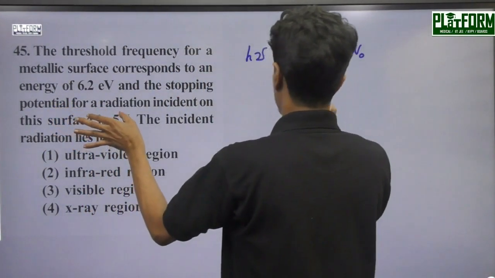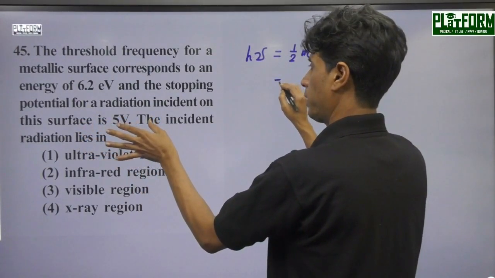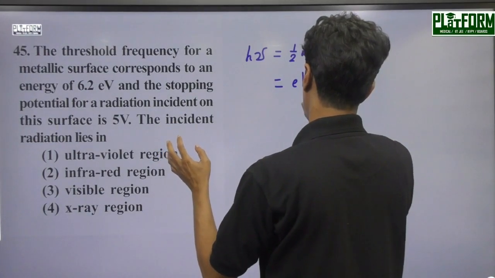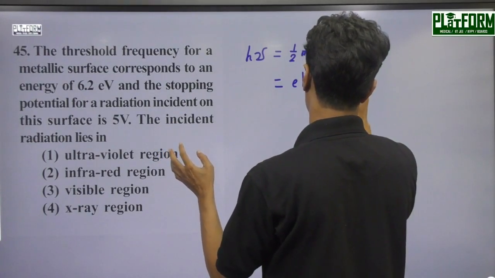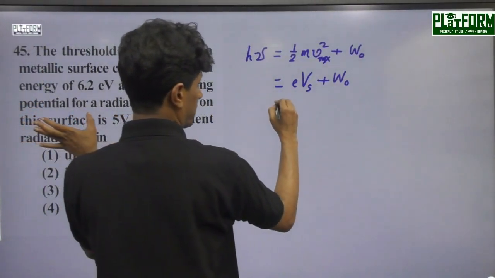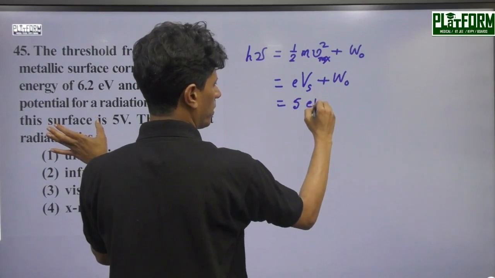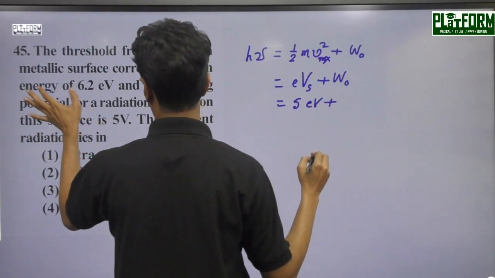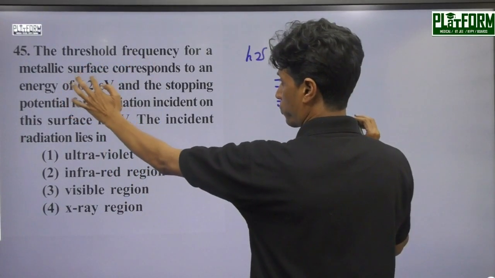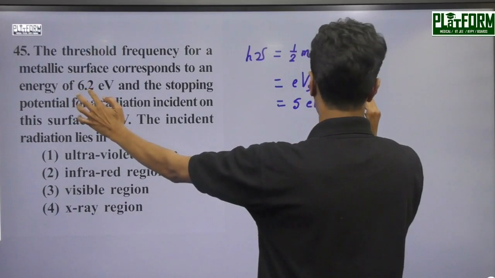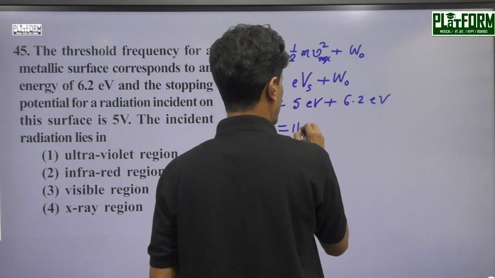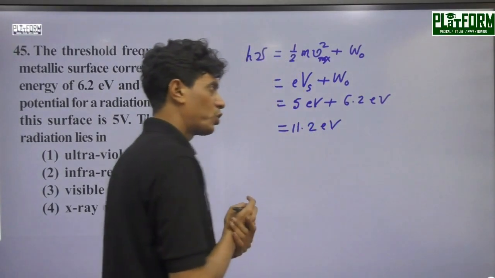So kinetic energy is related to stopping potential, and the stopping potential in this problem is given as 5 eV, and the threshold frequency corresponds to an energy, that is work function, 6.2 eV. So the total energy of the incident wave is 11.2 eV.